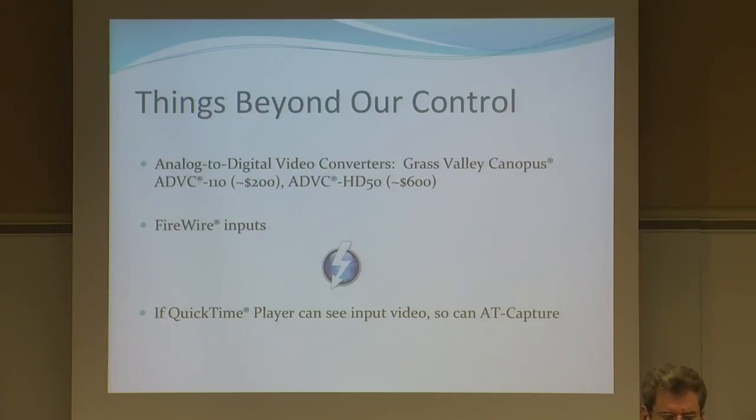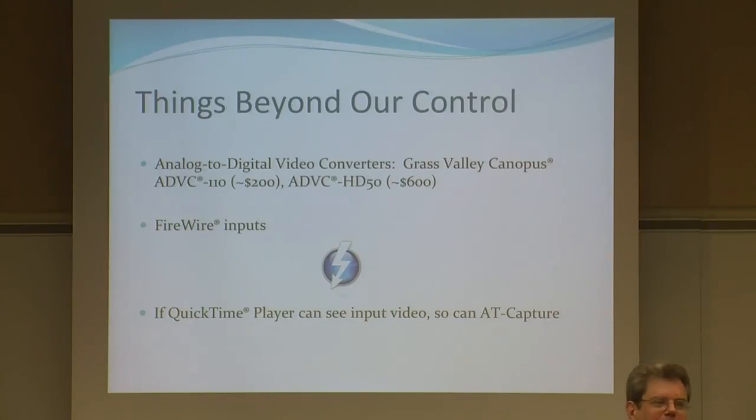And I was talking about analog to digital converters. We use the ones by Grass Valley, and these are the model numbers and the approximate price of those. FireWire inputs are very important. This is a MacBook. It has no FireWire, so we're screwed.